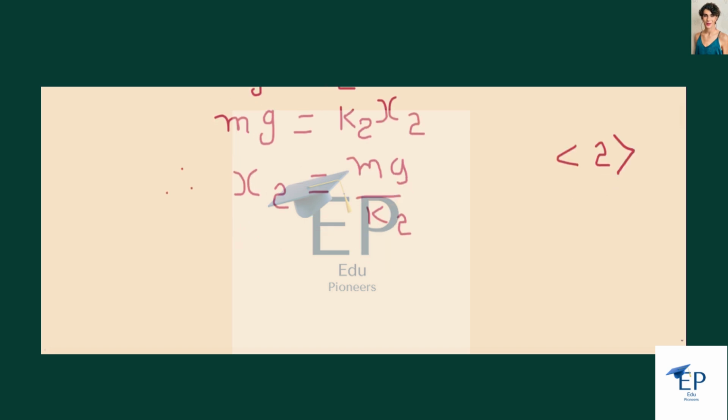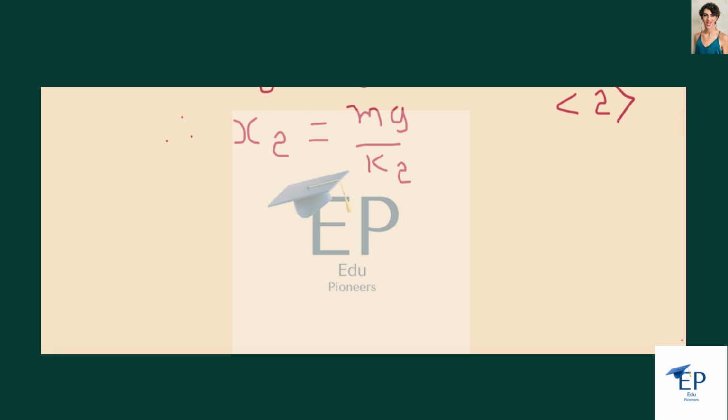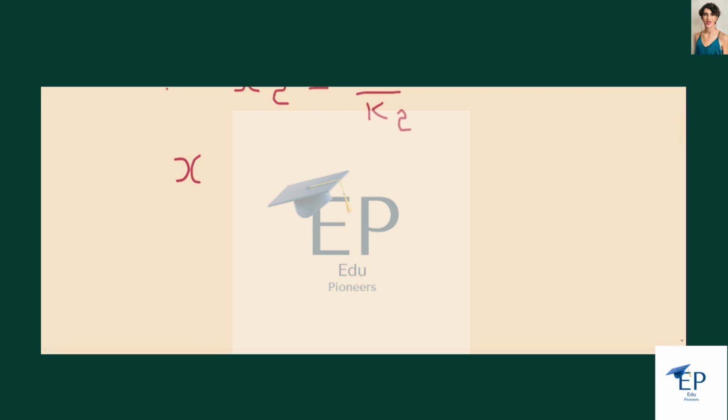Okay, now we are going to calculate the total extension in the pair of springs, which is nothing but the sum of both the distances x1 and x2. So here in both equation 1 and 2, m and g are common.